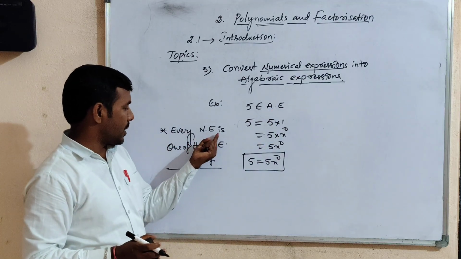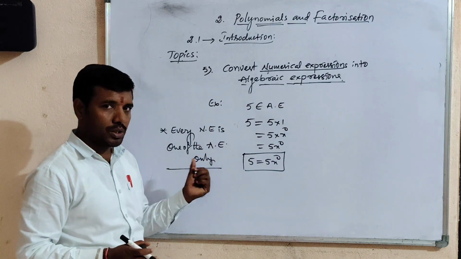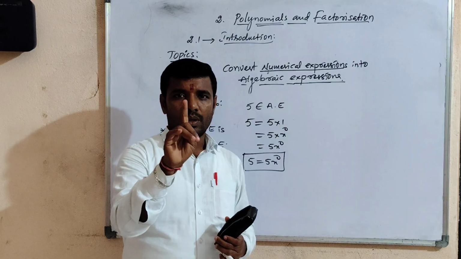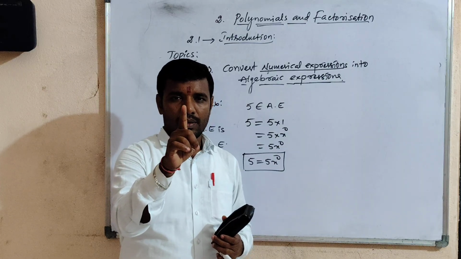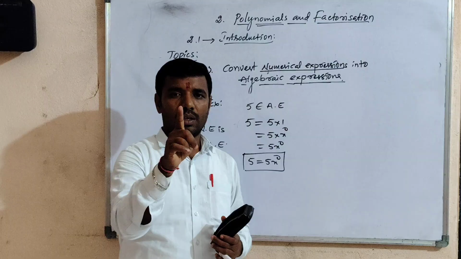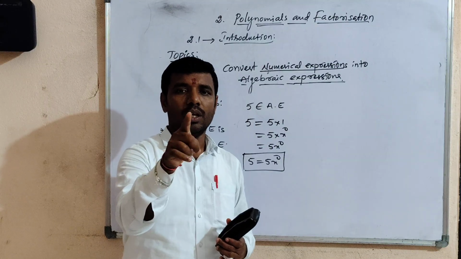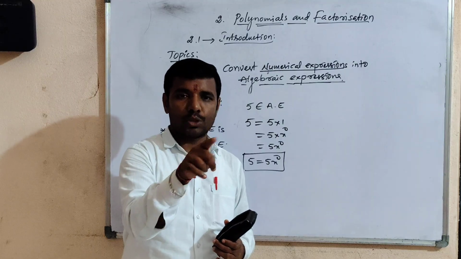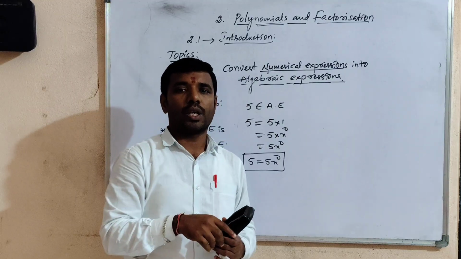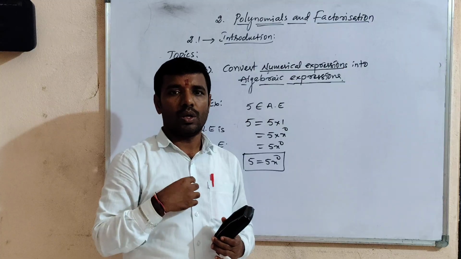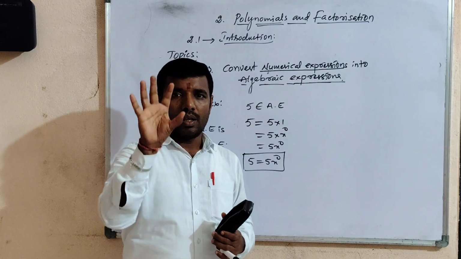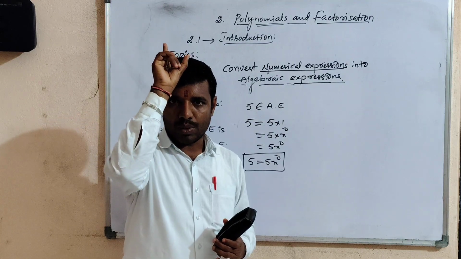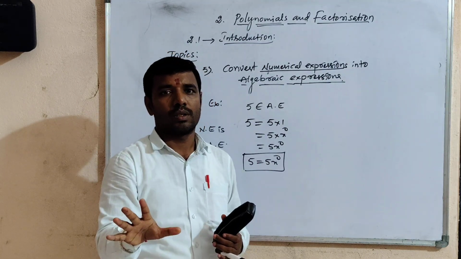Every numerical expression is one of the algebraic expressions only. Observe two or three things. Every number, every numeral is one of the algebraic expressions only, because every numerical expression can be converted to an algebraic expression. So we clearly conclude that every numerical expression is one of the algebraic expressions only. There is no doubt.